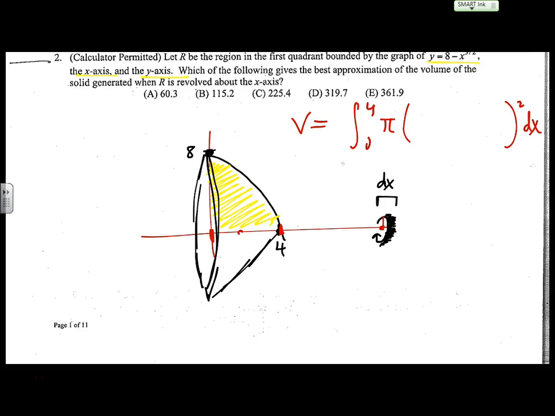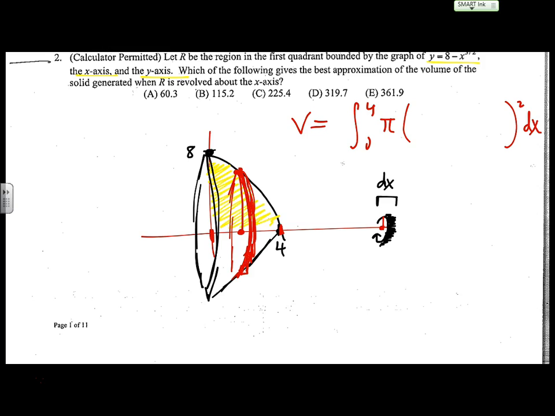From the axis of symmetry, pick an arbitrary point, go out towards the edge of the area, the outer part of the area. And that's my radius for that cross-sectional slice if I was to actually draw him. That would be the radius for that slice.